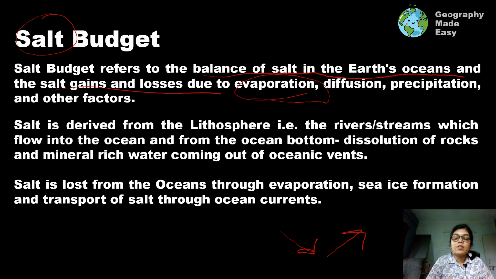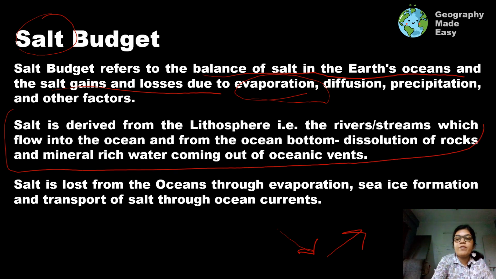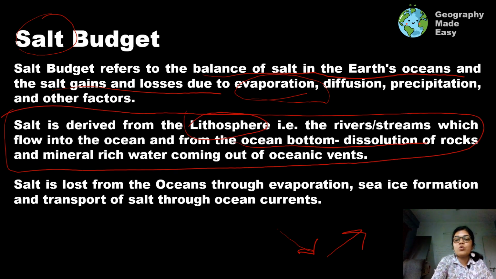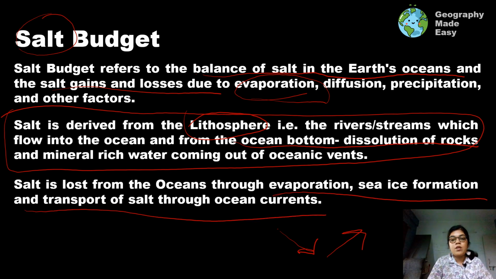Salt is derived from the lithospheric rocks and in certain cases ocean bottom dissolution of rocks. Salt is lost from the ocean through evaporation, ice formation and transport of salt through ocean currents. So it is added through river streams and lost through evaporation.